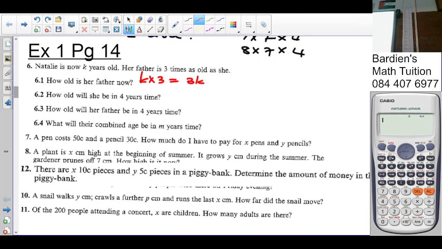K times 4, okay? So if Natalie is 3 years old, then according to your calculation, it's going to be 3 times 4, which is 12. So in 4 years' time, she will be 12. So what should it have been? K plus 4. You will understand.